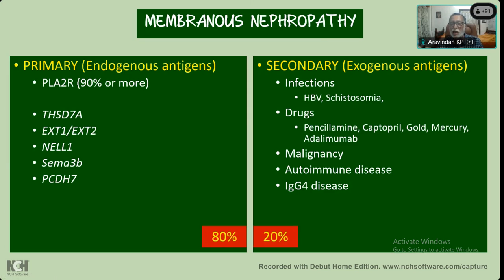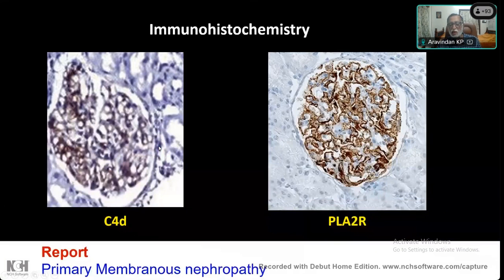Both have the same final result as far as histomorphology is concerned. So here, 90% or more are PLA2R, and there are some other antigens also, but these are not usually tested. Most of the renal centers now have the PLA2R, phospholipase A2 receptor, antibodies, and in this particular case, this picture shows PLA2R.